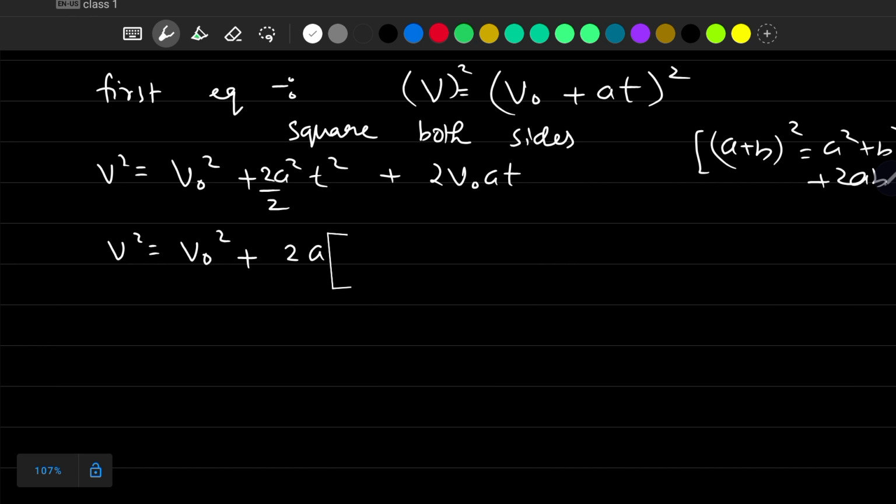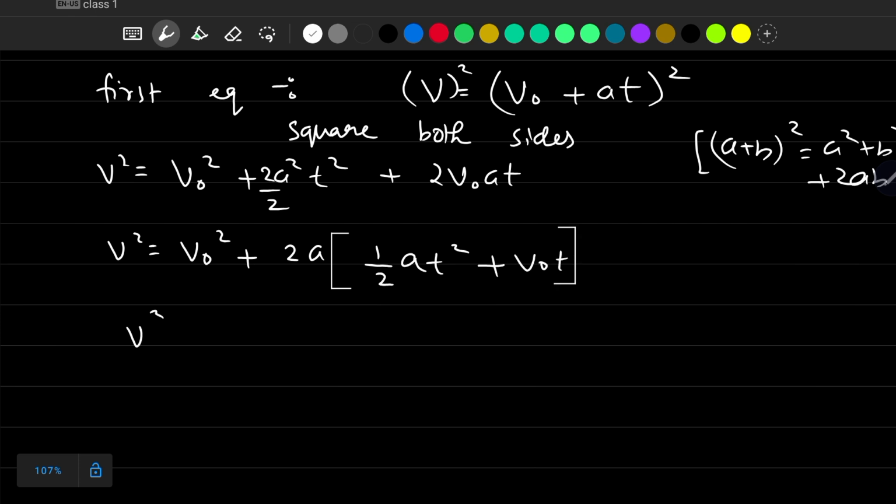If you take common 2a, what will be left here? 1 by 2 is left because this 2 is outside. From a square, a you have taken common, so here a will be there, t square is already there. Plus, 2 is outside, so we are left with v naught t.